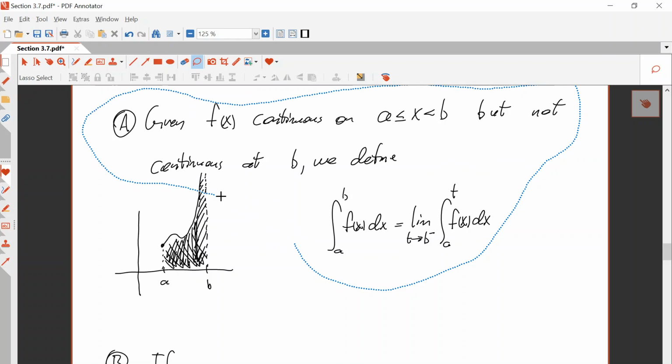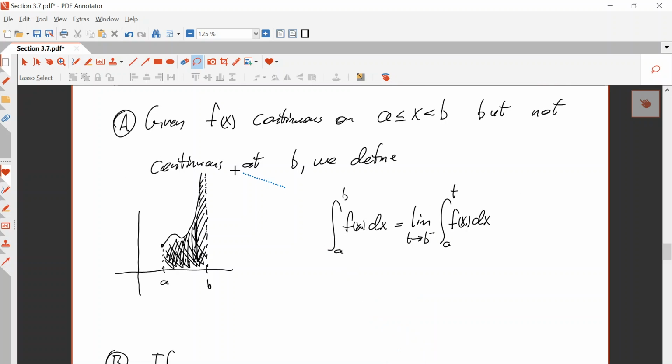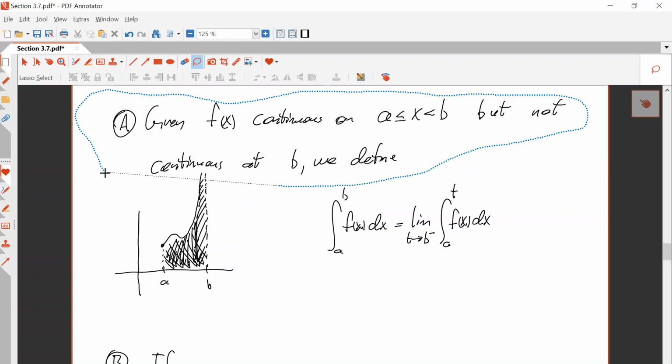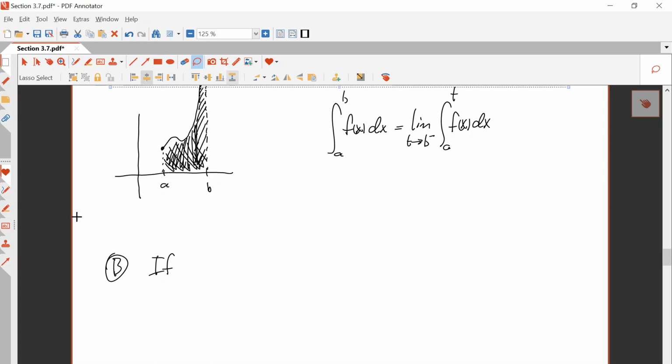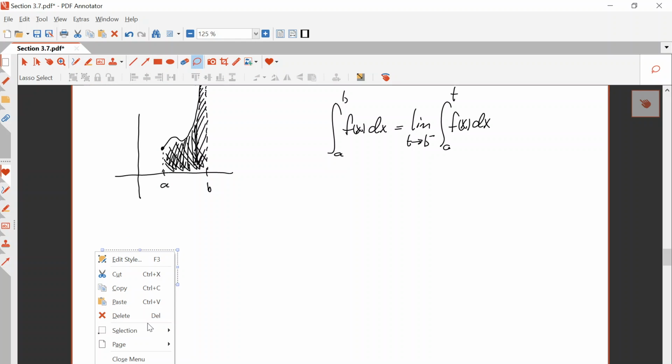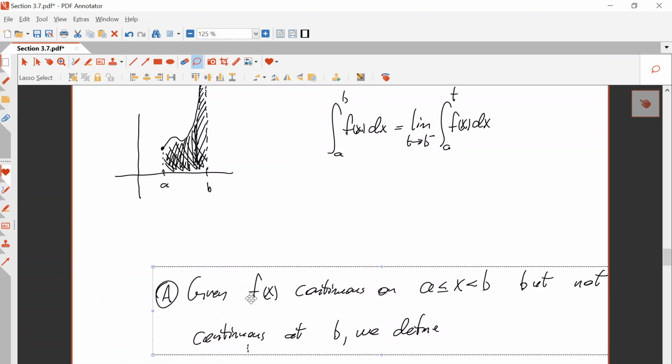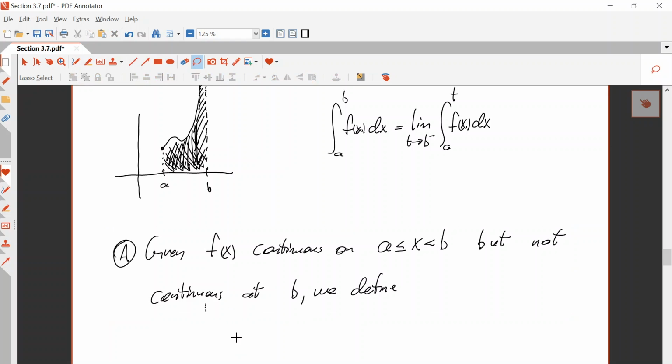So let me copy this over one more time. Alright, given f(x) continuous on the interval from a to b, but not continuous at a.